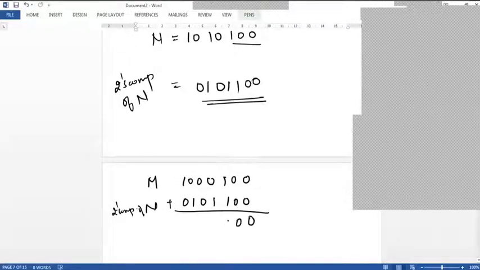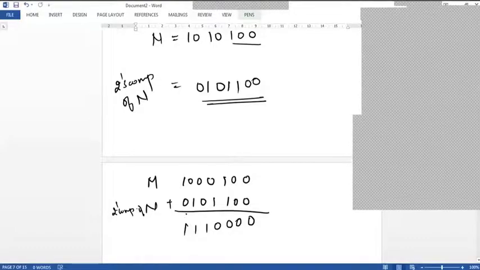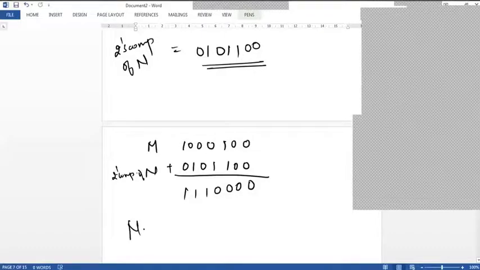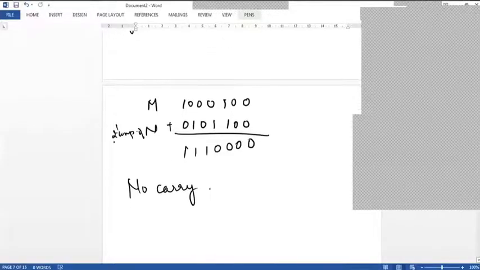Are you getting a carry over here? 1 1 4 times 0. No carry. So what will we do? What will we do quickly? There is no carry, so take the 2's complement again of this number.